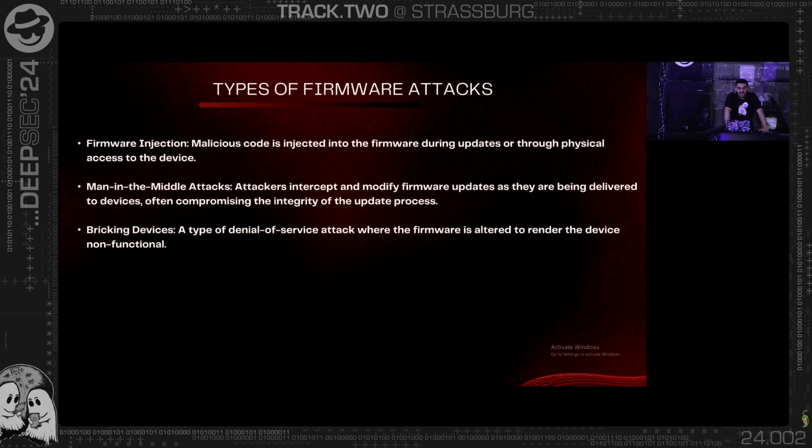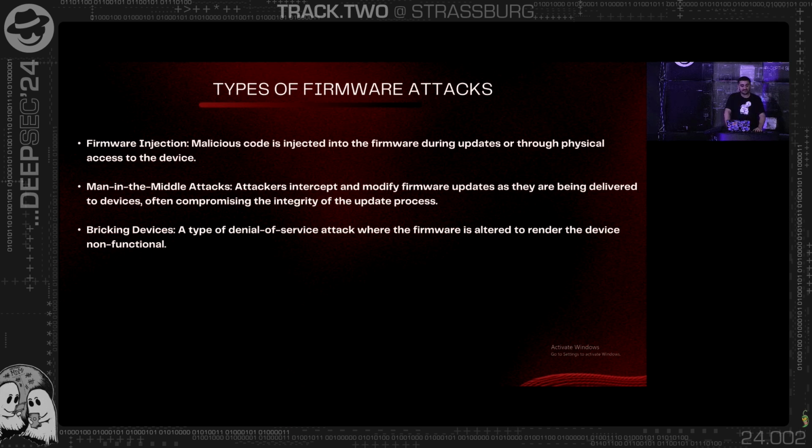So we have 3 different types of firmware cyber attack. One of them is firmware injection, which we have in this case. In a firmware injection, the attacker uploads a malicious update after compromising the company website, and 2,449 people download the sample and install it on their devices, and all of them are infected.